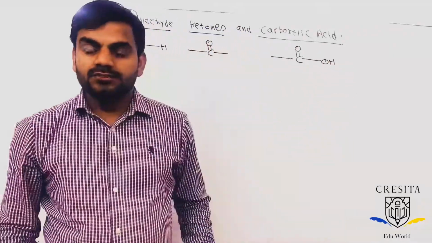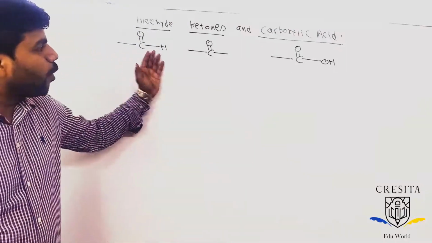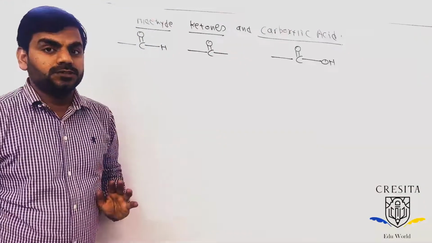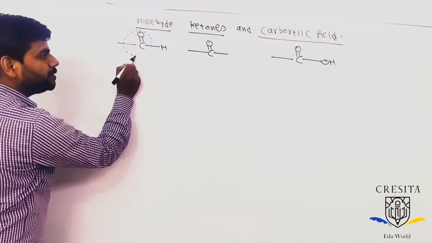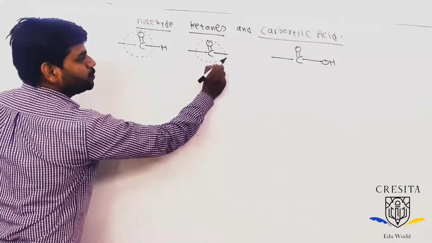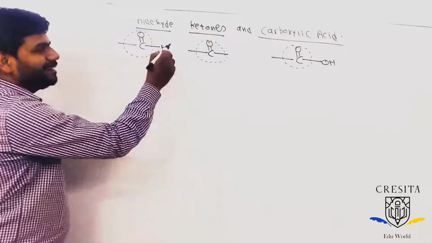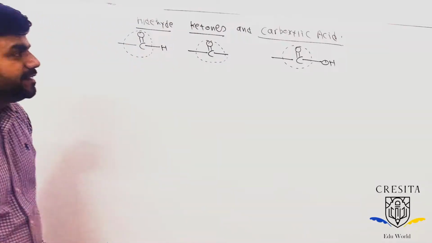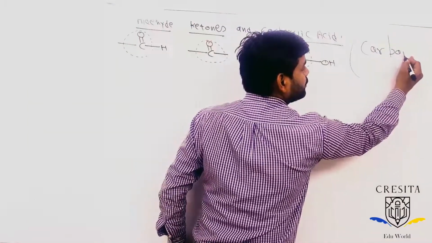Now students, first of all, the most important part, what you can see common in all these functional groups. So common part in all these functional group is this part, and this part is called as carbonyl group. So basically we can call aldehyde, ketones and carboxylic acid contain carbonyl group.